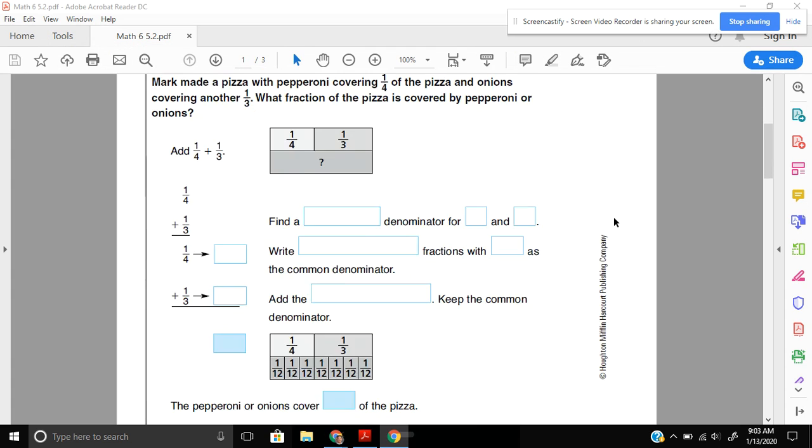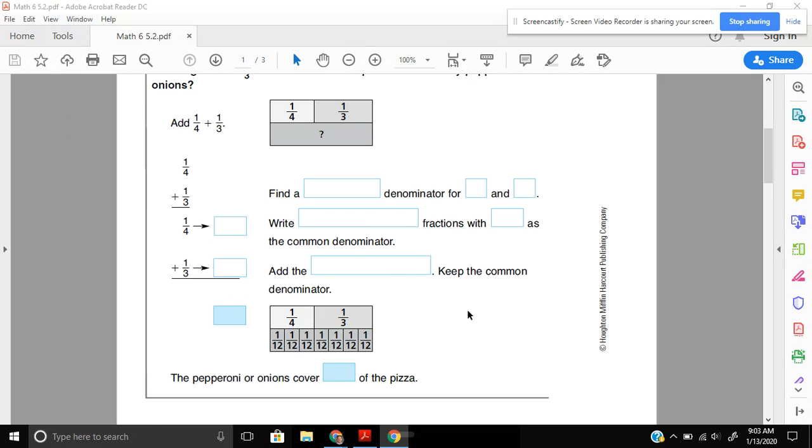Okay, and in example 1, it says Mark made pizza with pepperoni covering a quarter of the pizza and onions covering another third. What fraction of the pizza is covered by pepperoni or onions? All right, so what we need to do is take the space that pepperoni covers and onion covers and add them together.